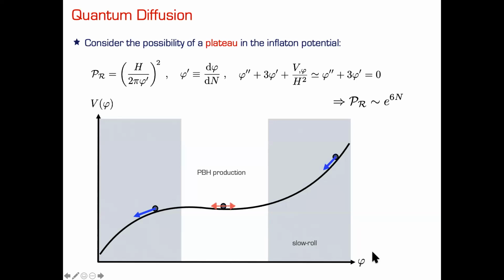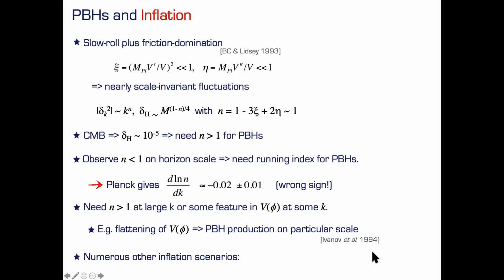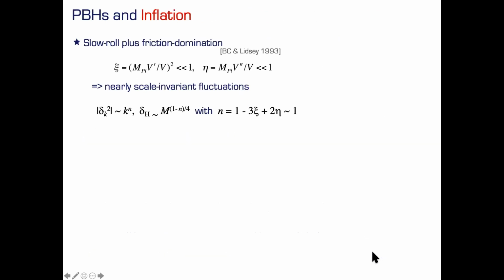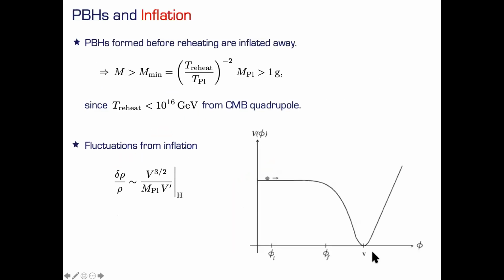In this scenario, how I express these fluctuation amplitudes is probably easier when I go back. So let's just go back. So it's basically, one can show, it's probably another exercise, that the overdensity which you produce depends on the potential. And the potential, if it's really flat, produces really large fluctuations.